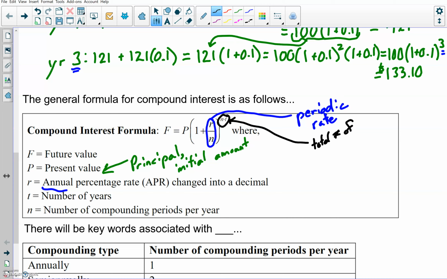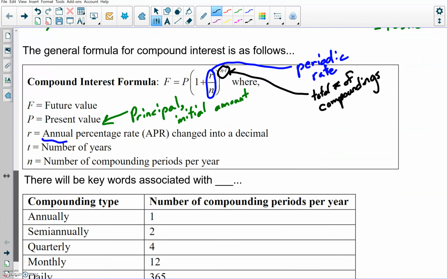So if you're going 12 times a year, monthly, and you're going 10 years, then you've actually compounded 120 times, 12 times 10. So the total number of compoundings is more important for compound interest than just having the years. So that's why they got that n in play in those two places. You adjust the rate to just be smaller depending on how many times you're compounding per year, and then you have to figure out the total number of compoundings to get the right answer in the end.